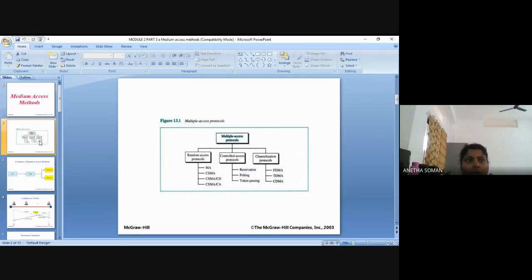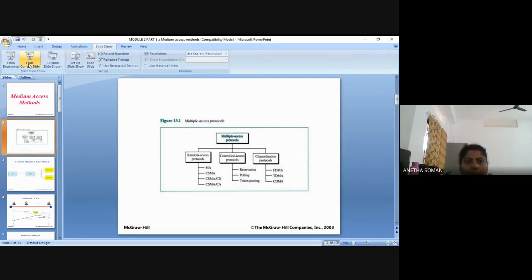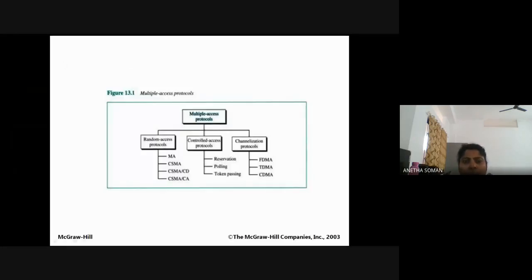Now you have different types of multiple access protocols. The first one is the random access protocols. The second categorization is the controlled access protocols. And the third one is the channelization protocols.